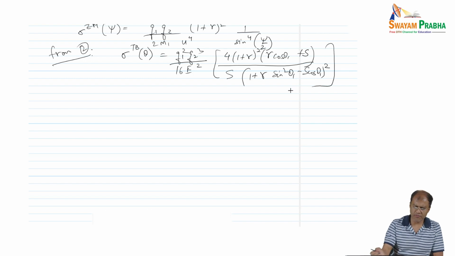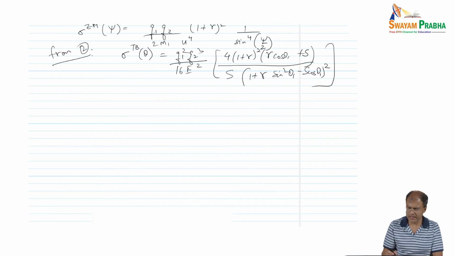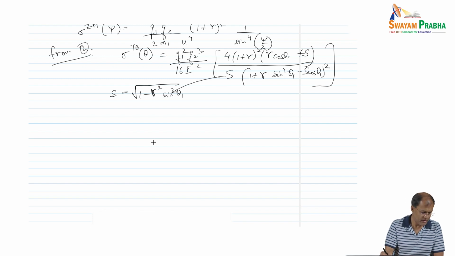So in this complicated expression, we have used the binomial expansion. Here we have this square root hanging around in equation 2, so we have used binomial expansion, and the expression s, we are going to use it soon. So s is 1 minus gamma square sine square theta 1, and our energy E is half m1 u square.